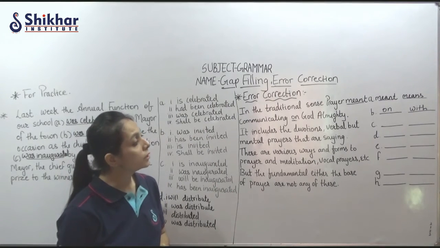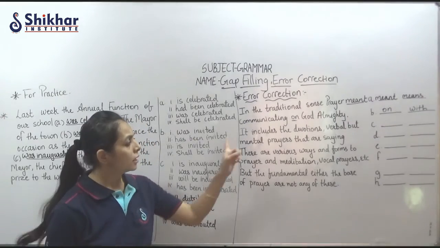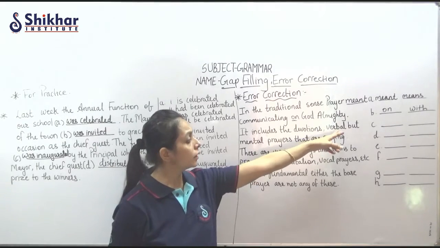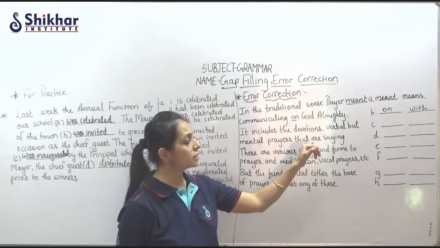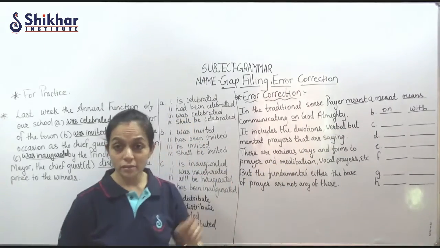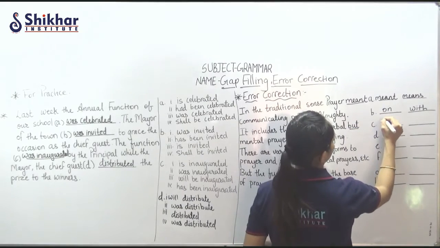Then third one. It includes the devotions, verbal but mental prayers. It includes the devotions, correct? Verbal but mental prayers that are saying. Verbal and mental prayers. This is the word for correction.